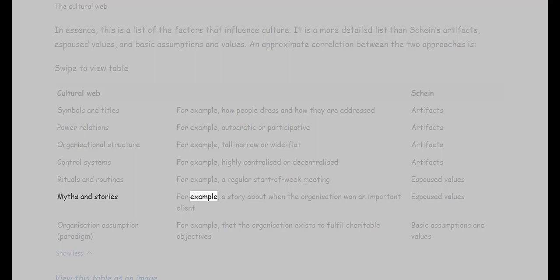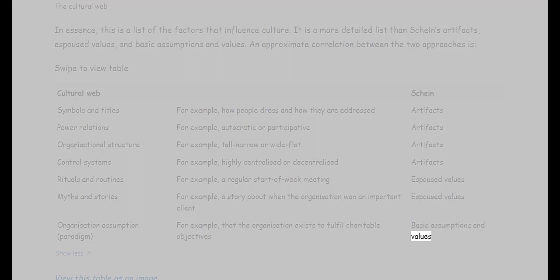For example, a story about when the organization won an important client. Espoused values. Organization assumption, paradigm. For example, that the organization exists to fulfill charitable objectives.